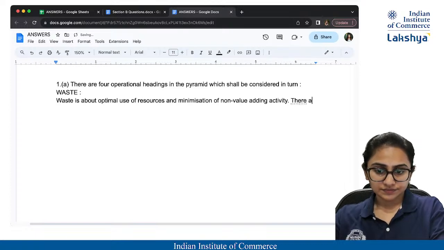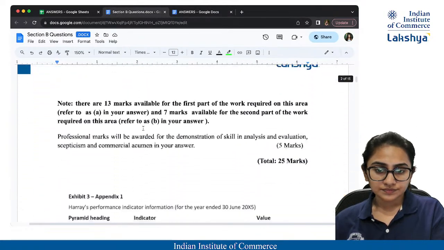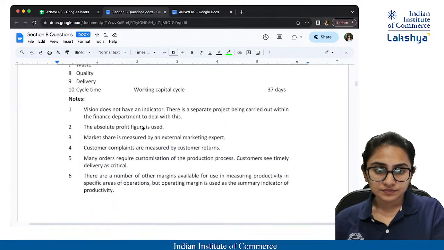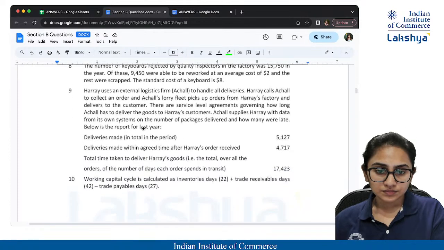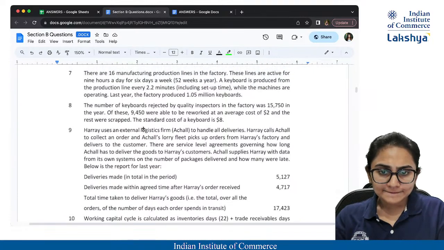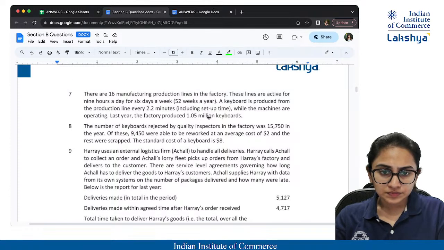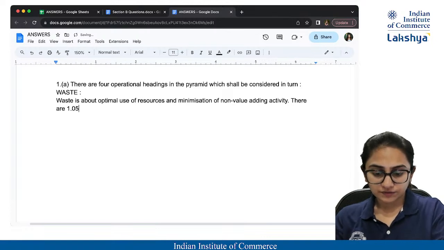There are how many keyboards produced? 1.05 million keyboards produced.